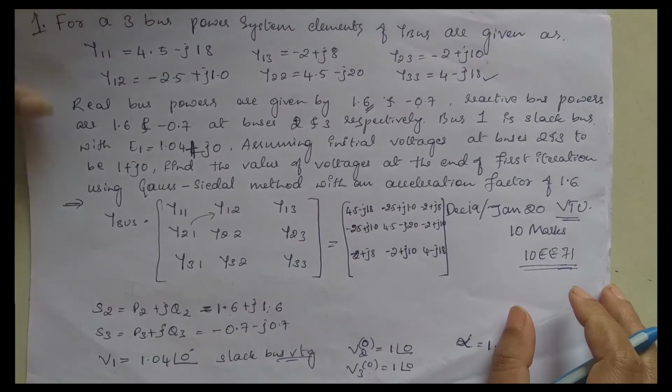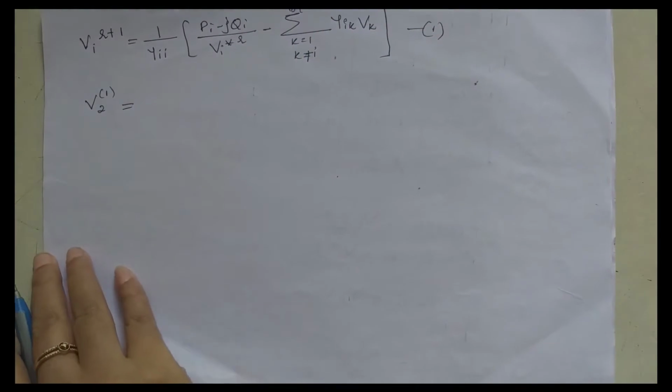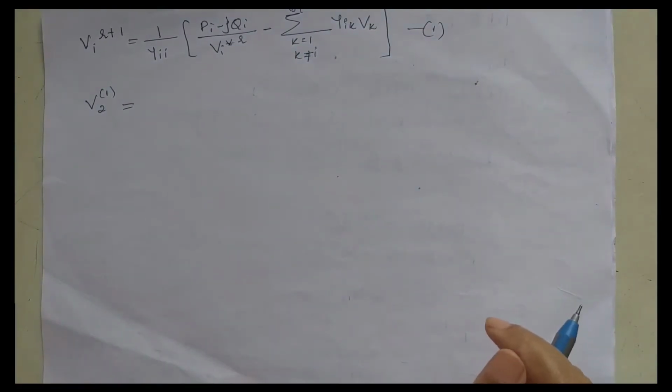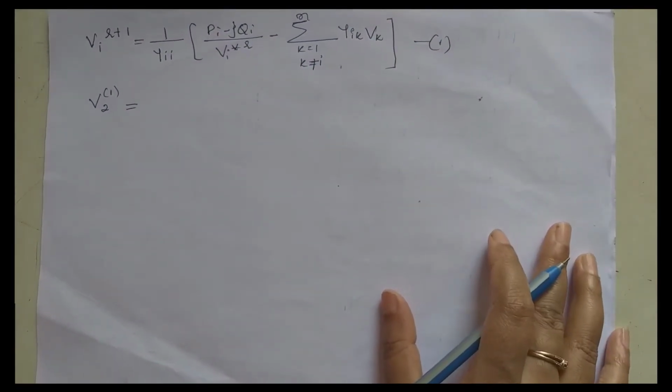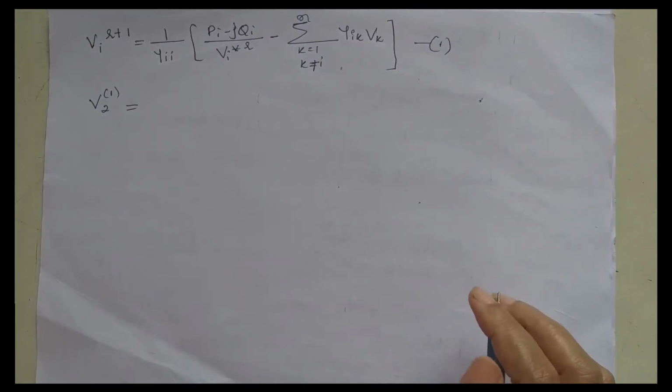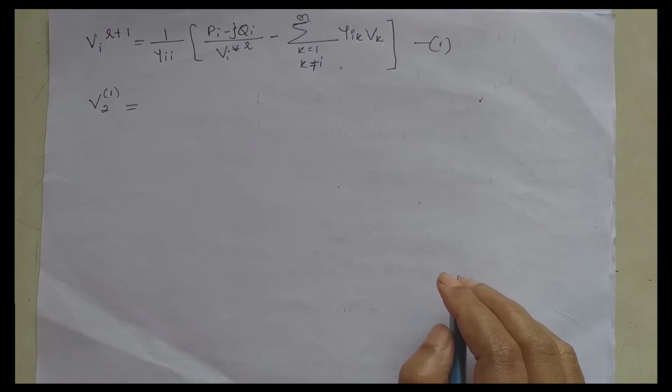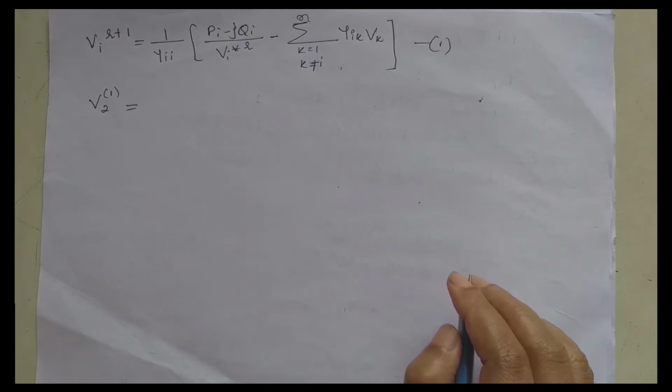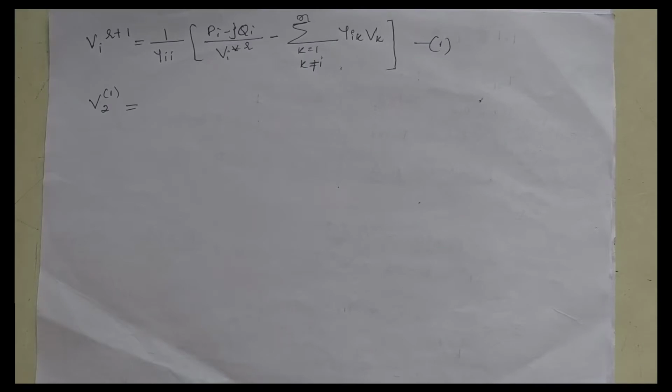Okay, so the formula to calculate the bus voltage: Vi(r+1) is equal to 1 divided by Yii times (Pi minus jQi divided by Vi conjugate (r), minus summation k varies from 1 to n of Yik Vk), where k is not equal to i.